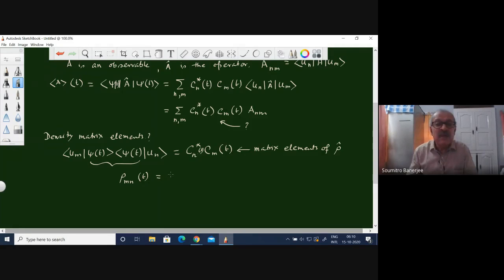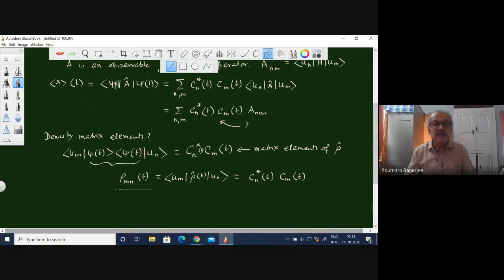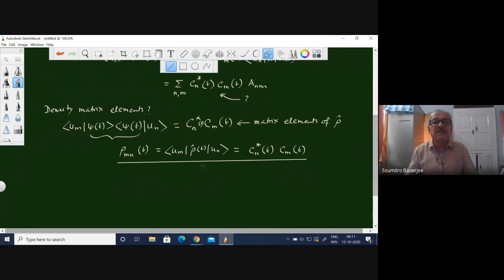This will be un rho operator un, and that we obtain as Cn star t Cm. So this is a very important relation, and you need to really remember that. So I will just underline it. These are the matrix elements of the density matrix.